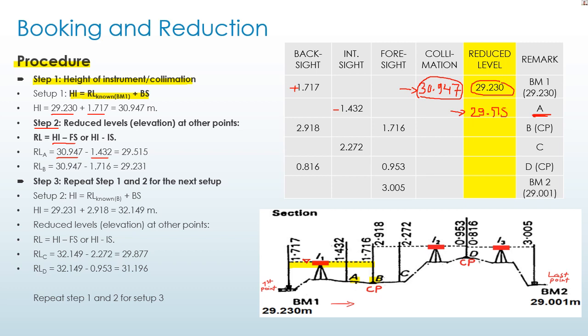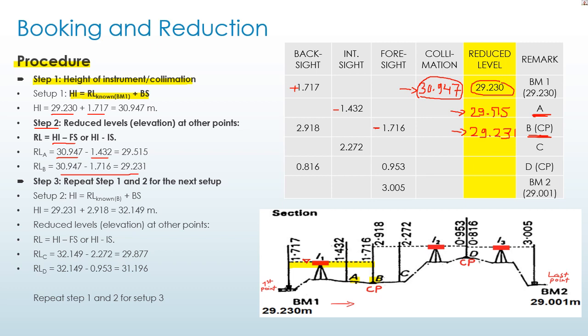Point B, height of collimation minus the reading at that point, 29.231.